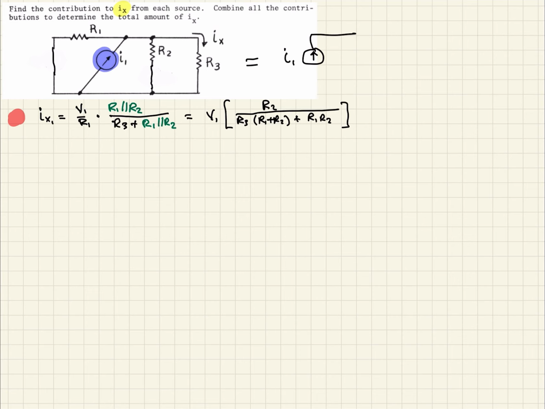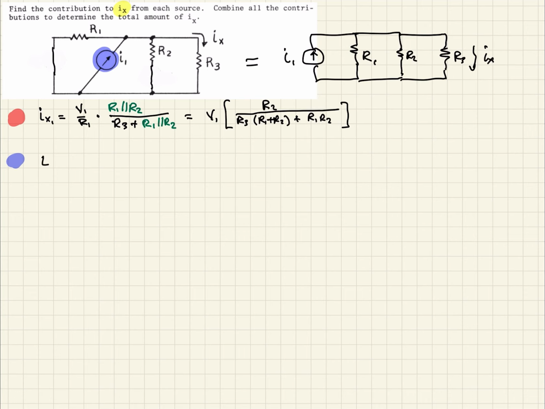And then we have R1, we have R2, and again we have R3, with this current through here being our IX. So again, this is just a simple current divider. So again, we'll come down here to this spot and write this out.